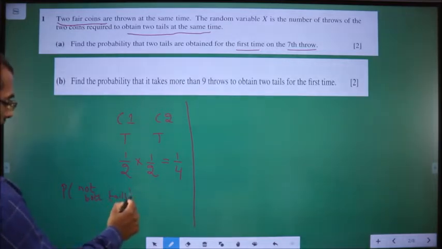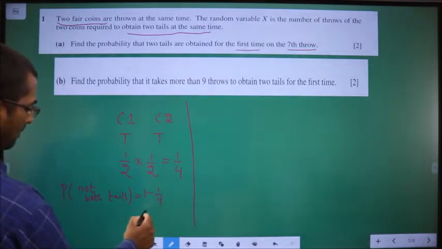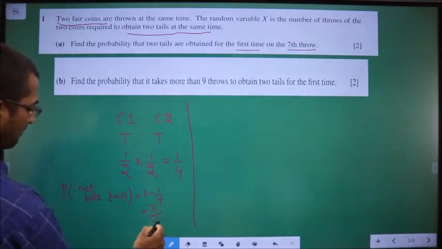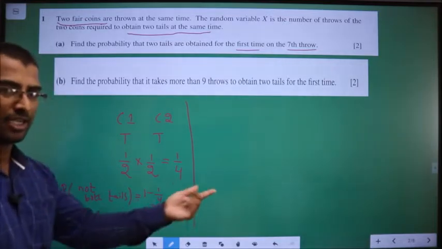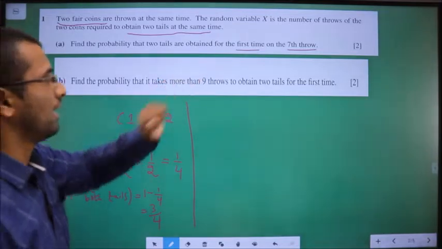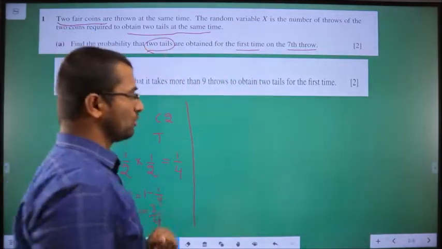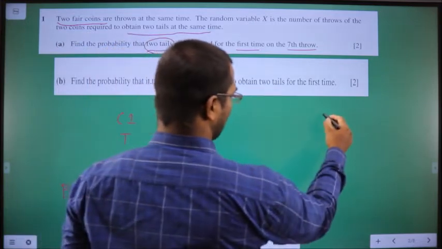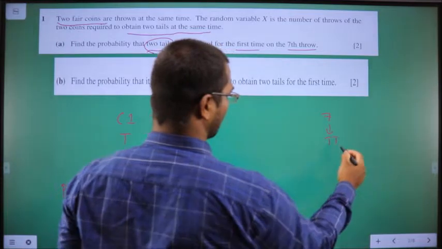Not both tails will be 1 minus 1 by 4, so that is 3 by 4. Why did I find this? You will understand over here. I should get two tails on the 7th throw. On the 7th throw, I should get both tails.